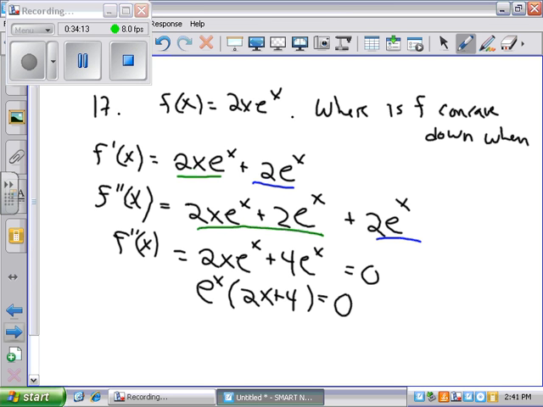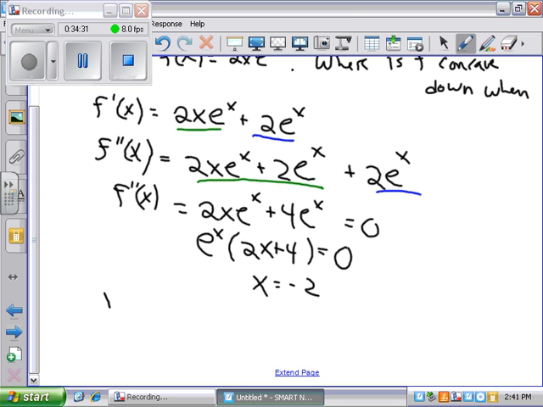I could have pulled out 2, and now we're at x plus 2. Either way, what is my one value of x that makes this 0? Negative 2. So if my second derivative is going to change sign, it will happen at negative 2.